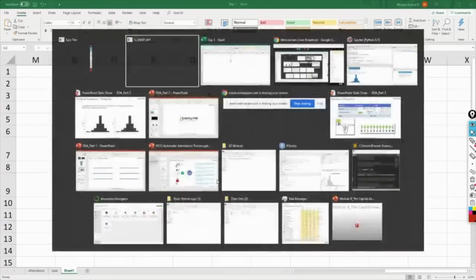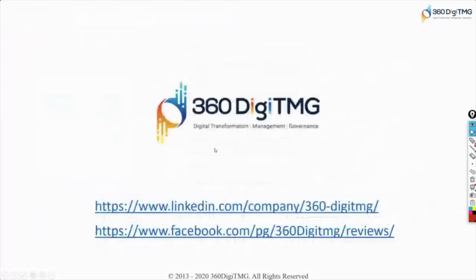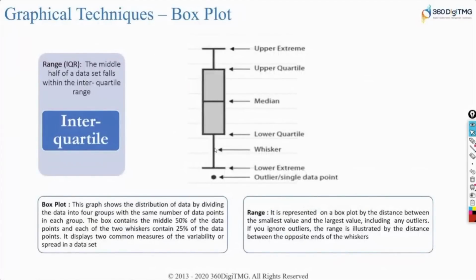We need some good way of representing or identifying the outliers in such a large data set. And the visualization technique which we are going to use to identify outliers is called box plot.